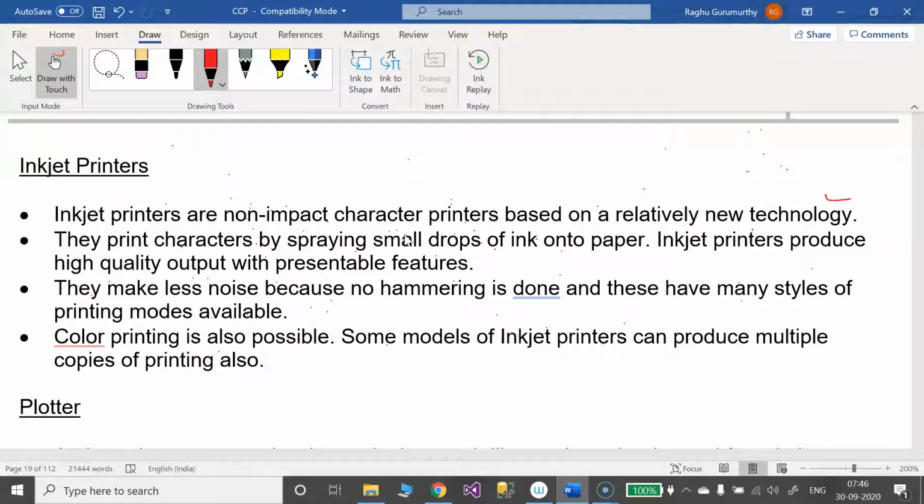They print characters by spraying, this one is important, by spraying small drops of ink onto paper. That's why they are inkjet printers. Inkjet printers produce high quality output with presentable features. They make less noise, of course. There is no striking, there is no noise. Color printing is also possible here. Okay, so this is what we have with respect to inkjet printers.